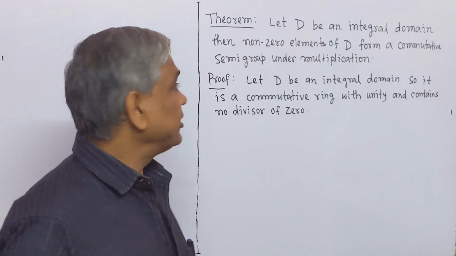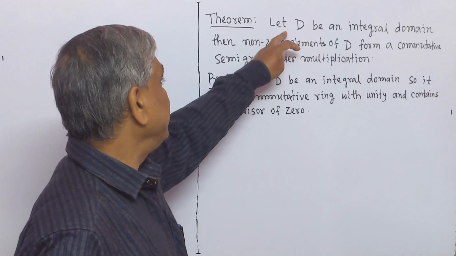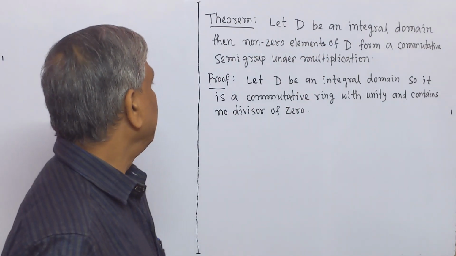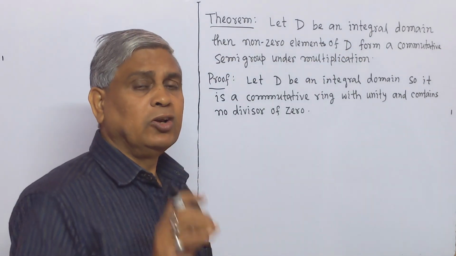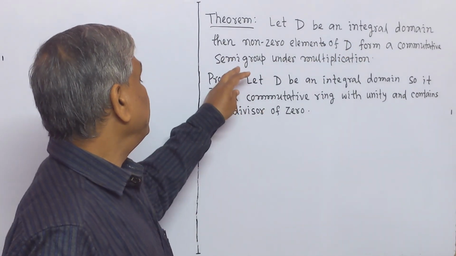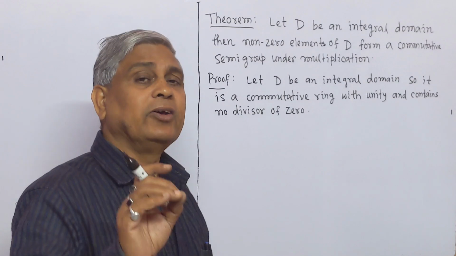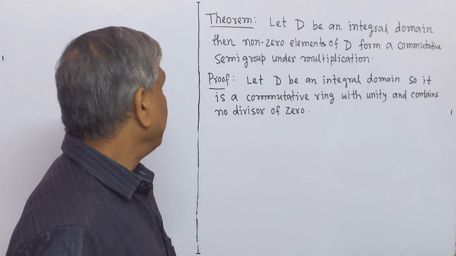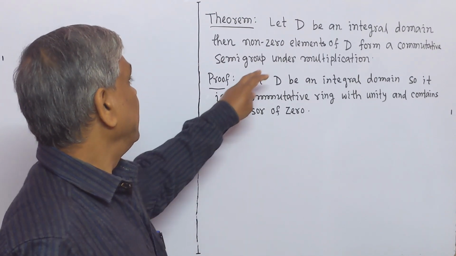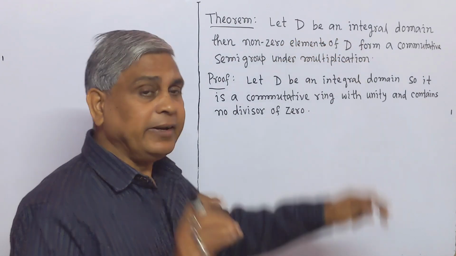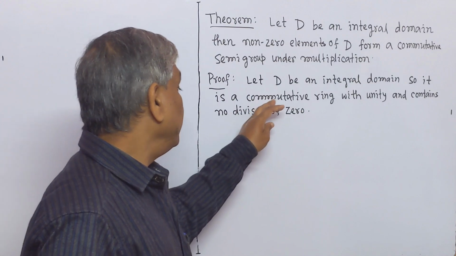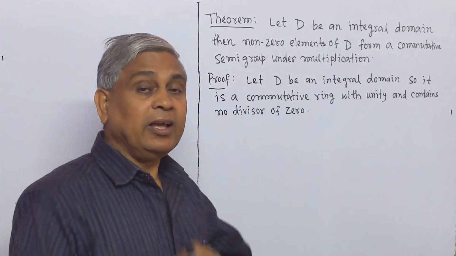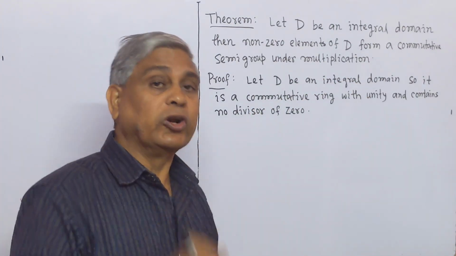Now we prove a theorem. The theorem is: let D be an integral domain, then the non-zero elements of D form a commutative semigroup under multiplication. Now we prove this. Given that D is an integral domain, therefore D will be a commutative ring with unity and contains no divisor of 0.